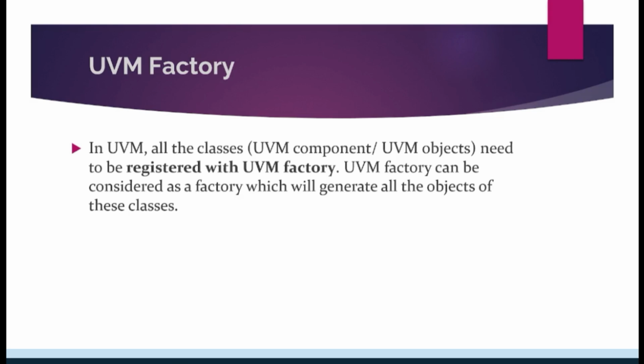In SystemVerilog, how do you create an object? You use the new function. But in UVM you don't use the new function; you use the factory. The UVM factory is used in order to generate the objects of these classes.